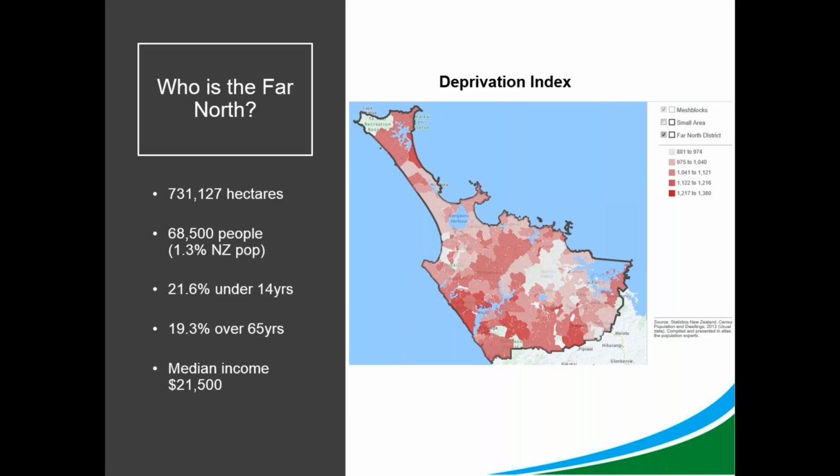Our median income is lower than average, but what you can see in this deprivation index map is that we've got pockets of society that actually have a lot of income and assets, and they're the light coloured ones. And then we've also got some pockets that are very dark coloured, which means they're significantly below that median income.